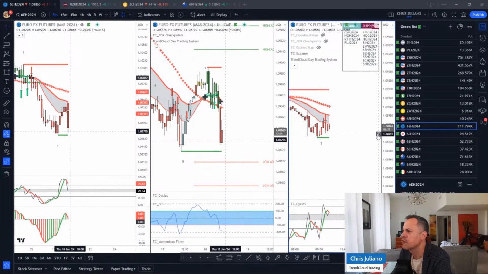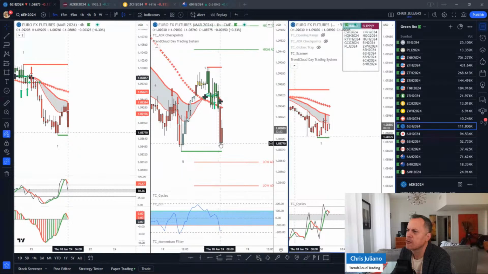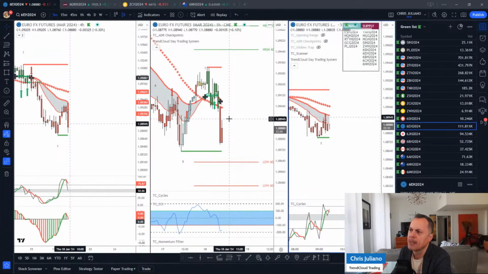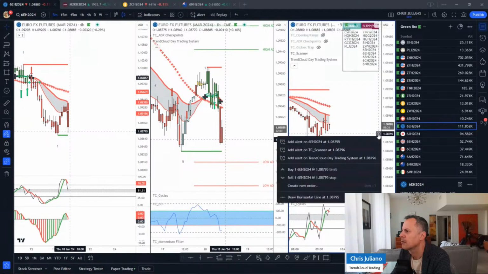So let's place 2 trades. We're reacting off of this here, right? We're starting to pull back off of this, but let's go right there. There's your sell order.